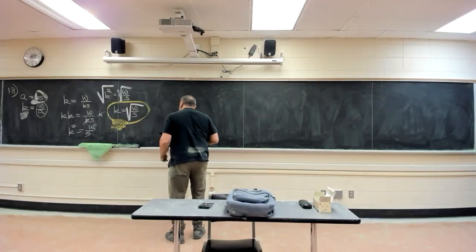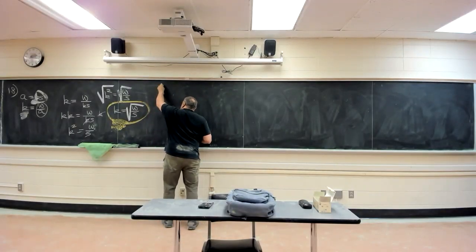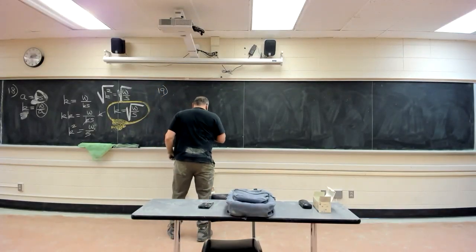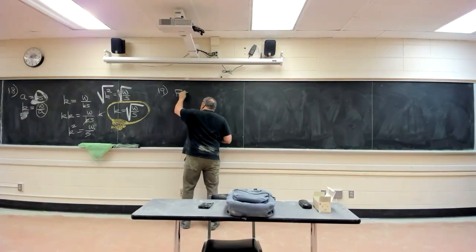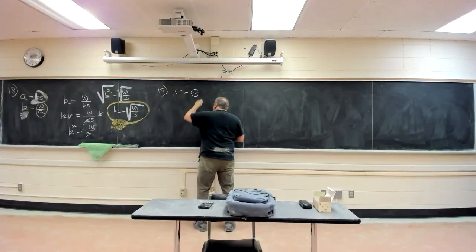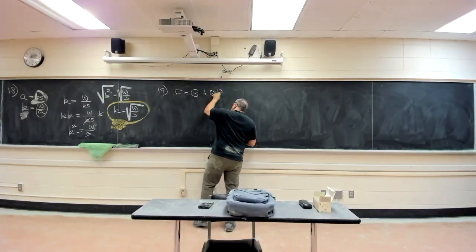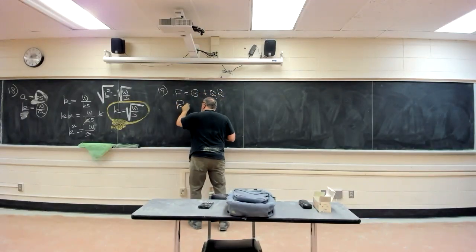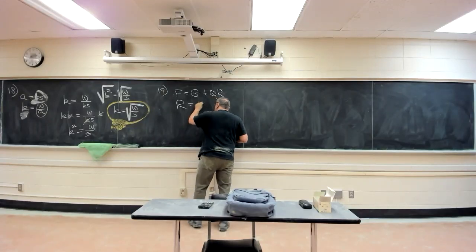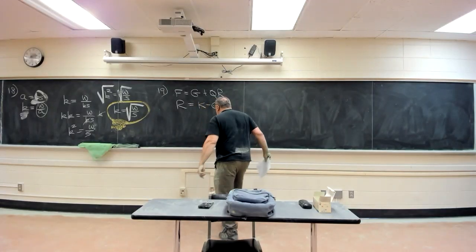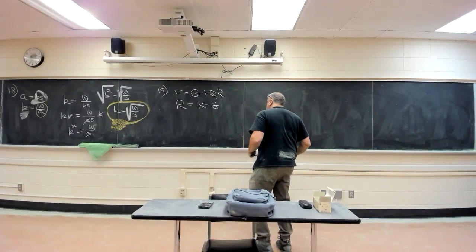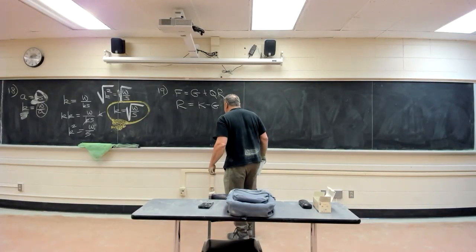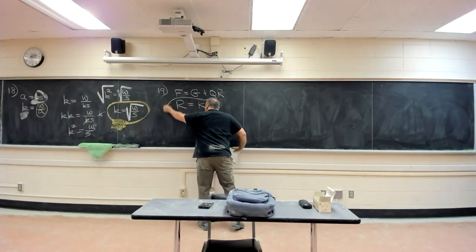19. They're saying eliminate big G and solve for R. Eliminate big G and solve for R, huh? Well, I'll tell you what. Number of ways to go here, I guess. Let's look at the second one down here.